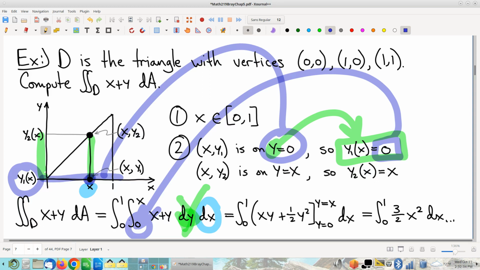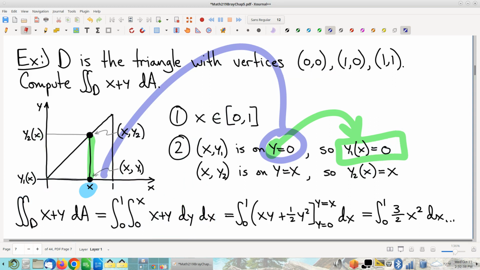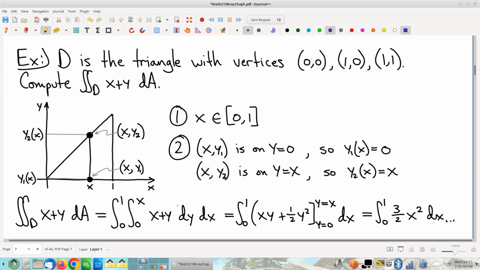Once we've decided that we're going to slice in this particular way, then these outer bounds have to be the largest and smallest values of that variable, and then the inner bounds have to be the largest and smallest values of that variable, with the understanding that you're focusing your attention on a single value of the outer variable.